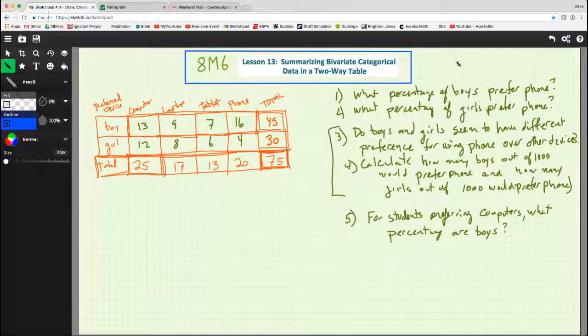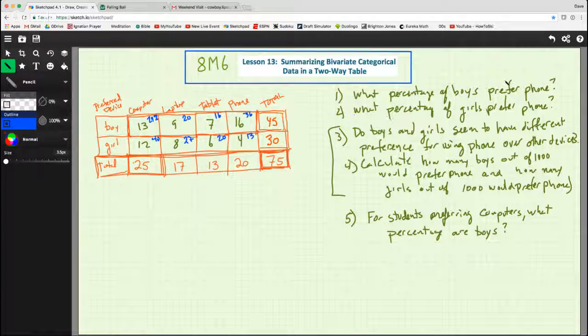All right, we already asked these questions. This is the same type of question. Remember, these are our row relative frequencies: 29%, 20, 16, and 36%. And we had 40, 27%, 20, and 13%.